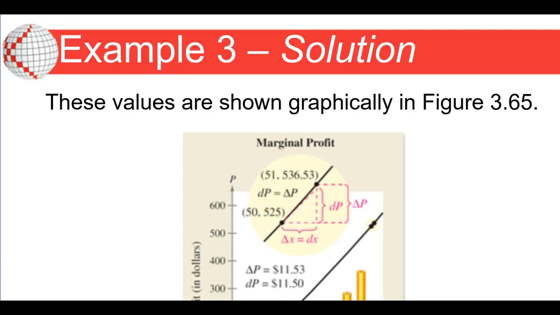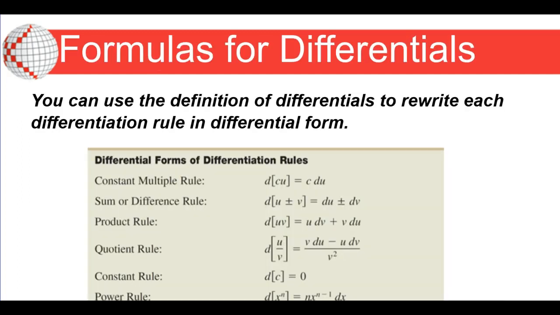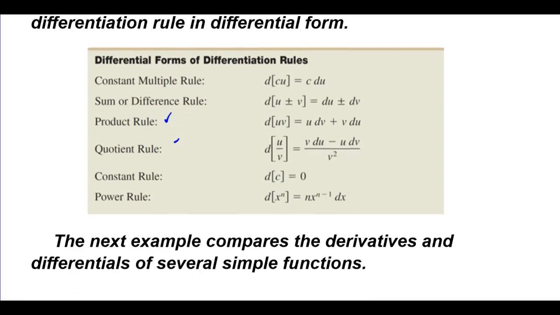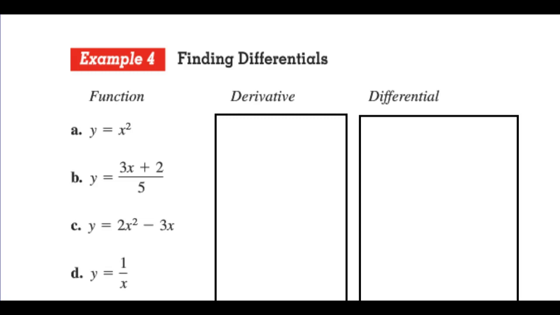And here's a visual. I told you that I was going to show you the difference between a differential and a derivative. So here are some formulas that we already know for derivatives. We know the product rule and the quotient rule and a bunch of examples. But we're going to compare derivatives to differentials on this next slide. First of all, if we have x squared, the derivative of that is 2x, but the differential would be 2x dx.